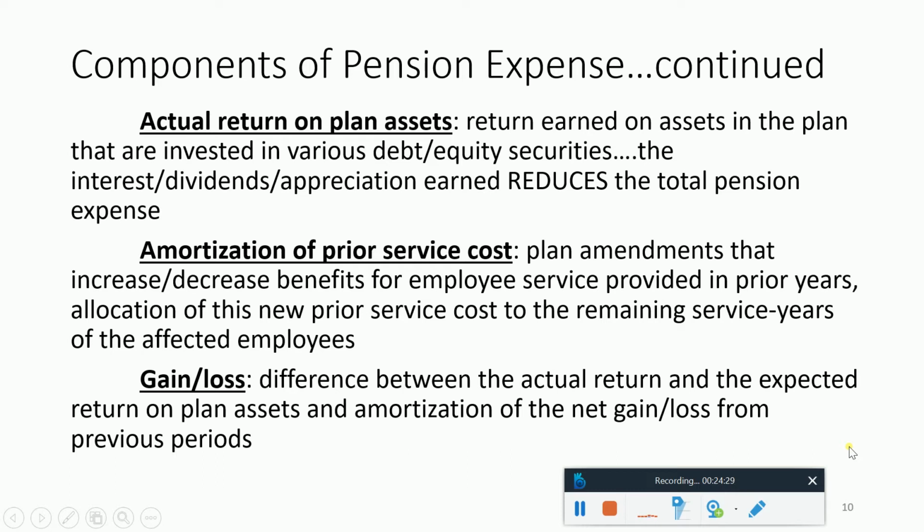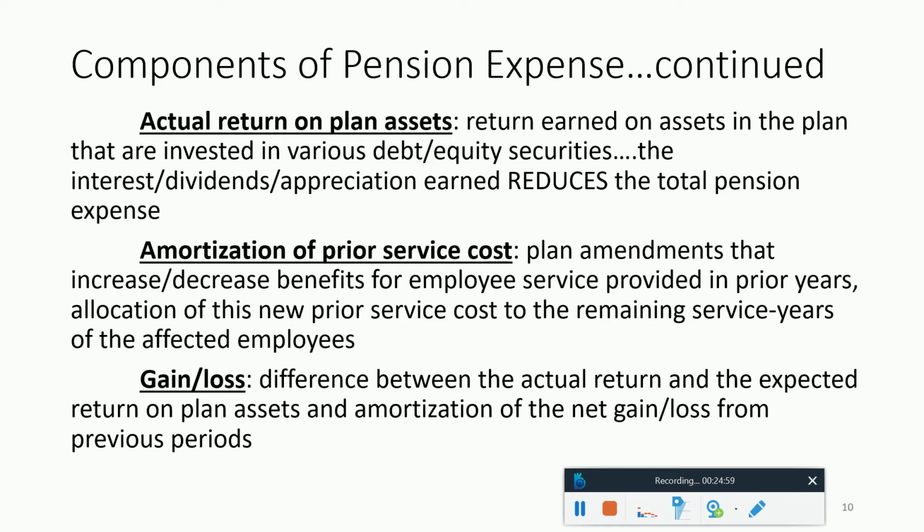The next component is the actual return on plan assets. So, you invest the contributions, the cash contributions, into plan assets, and those plan assets then are going to be invested in various debt and equity securities. Those debt and equity securities are going to earn interest, dividends, and if they are equity securities, hopefully appreciation.